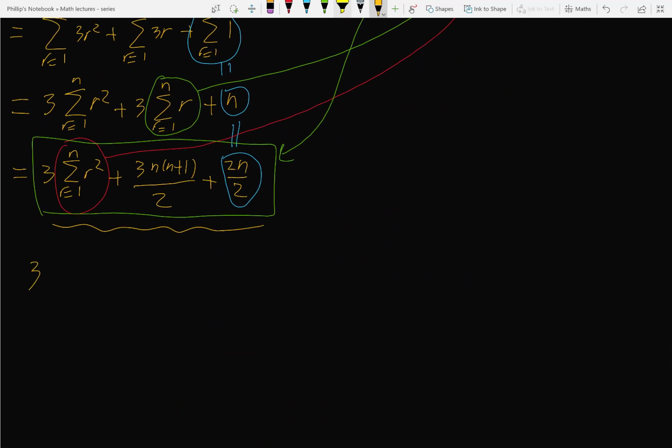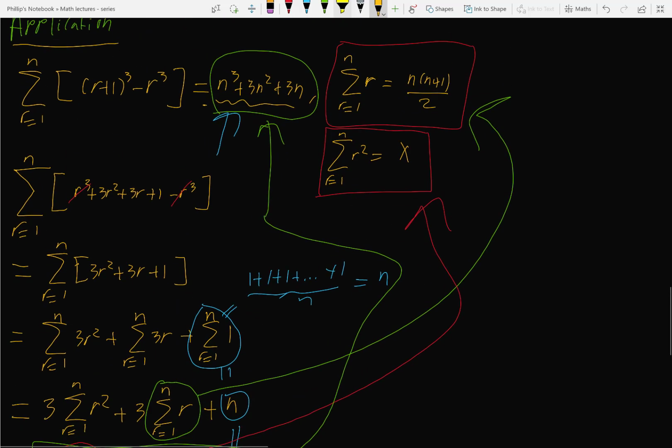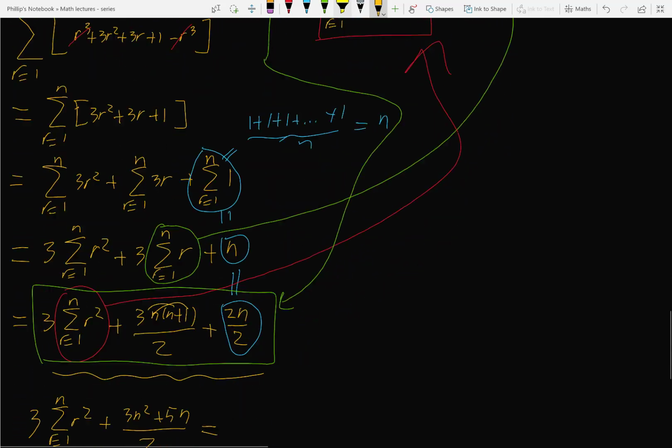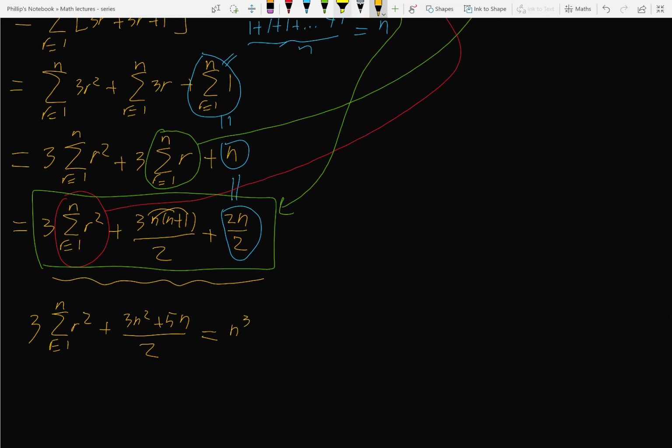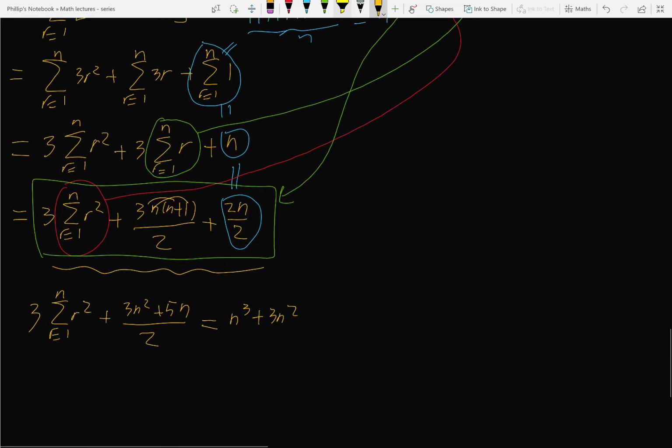So we've got 3 times the sum from r is equal to 1 to n of r squared. We combine both of these fractions now, and we combine the top, so we've got 3n squared plus 3n plus 2n, so plus 5n over 2 is equal to n cubed plus 3n squared plus 3n.